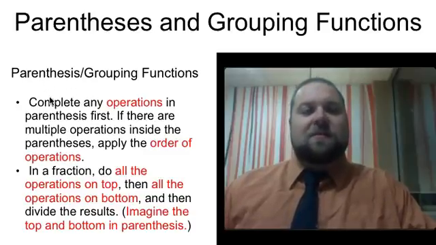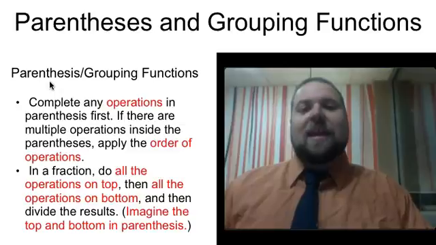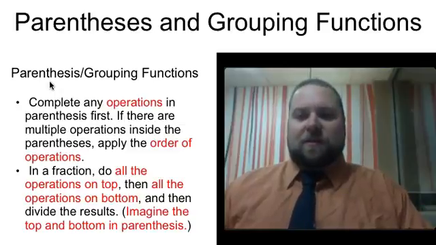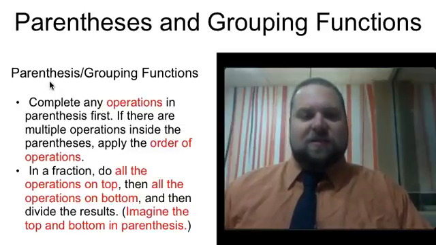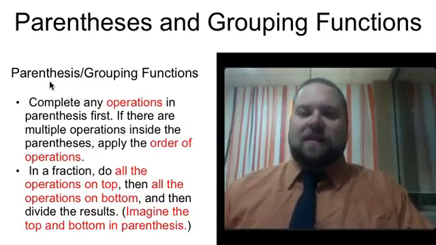So with parentheses and grouping functions, any operations, remember operations are multiplication, division, addition, subtraction, complete any operation in parentheses first. If you have a set of parentheses and there are multiple operations, then apply the order of operations inside those parentheses. If you have a fraction, do everything on top, everything on bottom, and then divide the result.